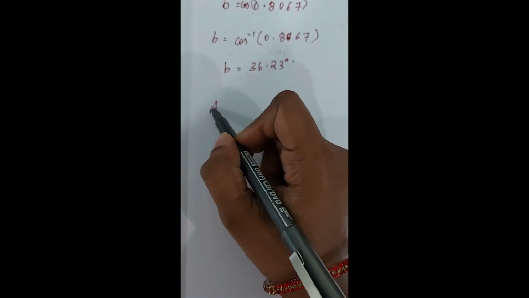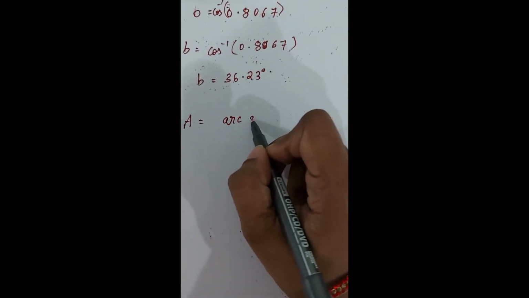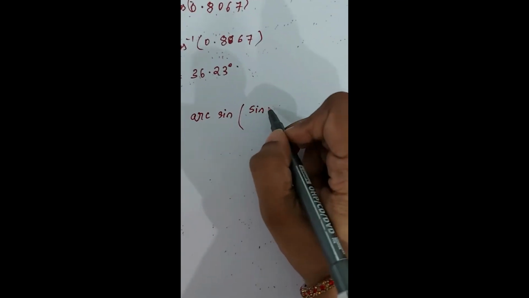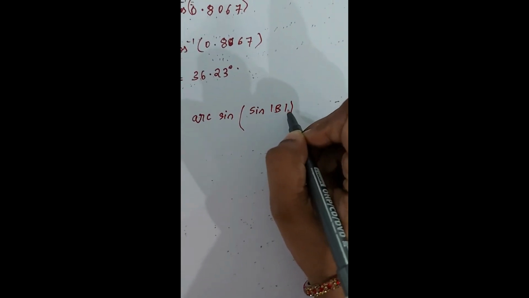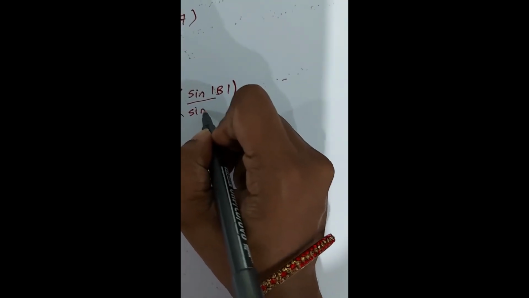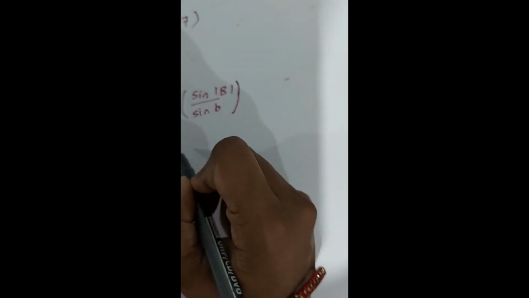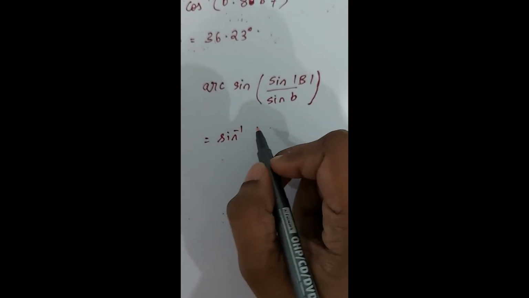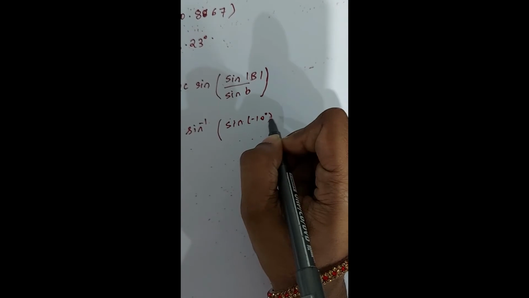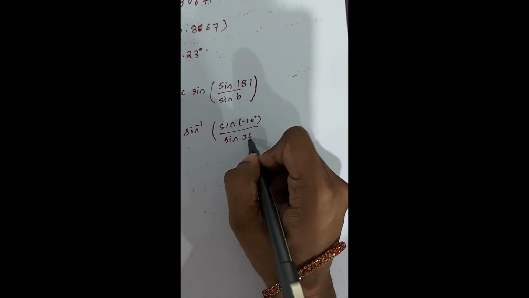So capital A is given by arc sine of mod sine B, remember, by sine of small b. So this is nothing but sine inverse of sine of minus 10 degree by sine of 36 degree.